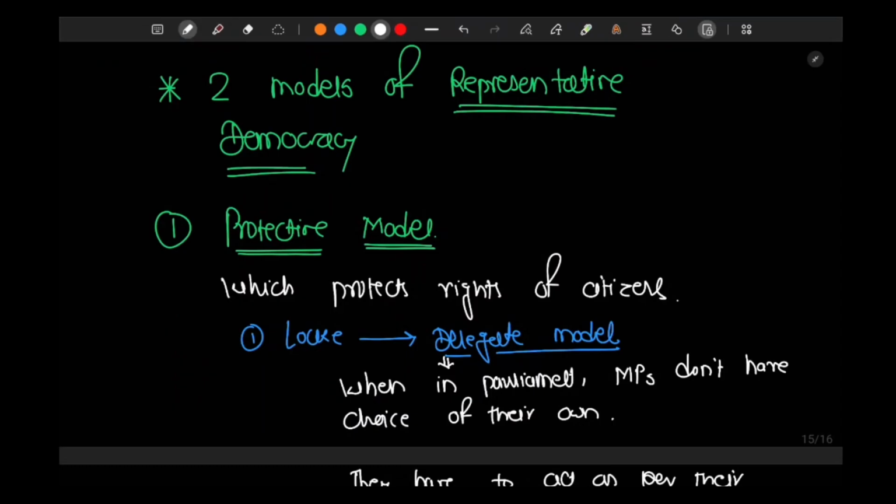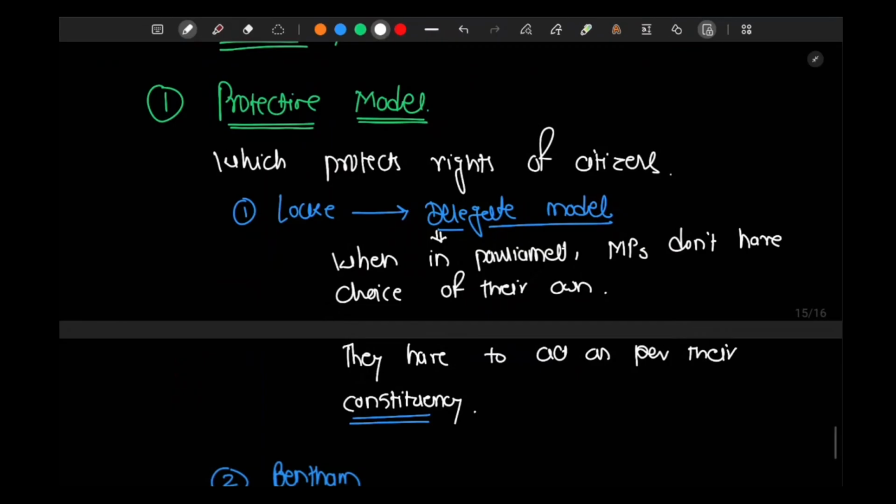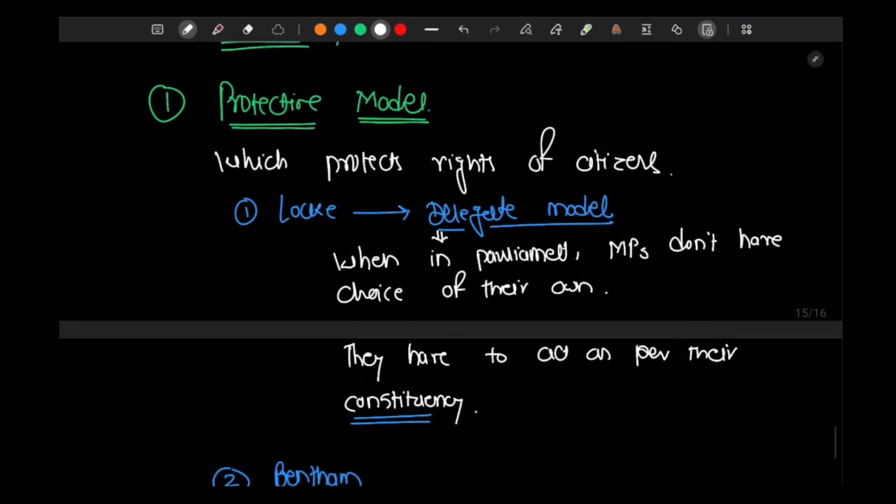As I was explaining, we'll start with the protective model of representative democracy. What does the protective model try to protect? Rights of citizens. The first model within the protective model was given by Locke, which is the delegate model of protective representative democracy.